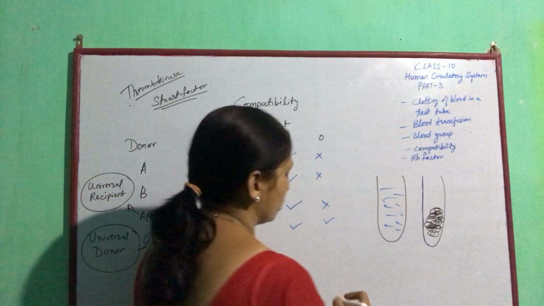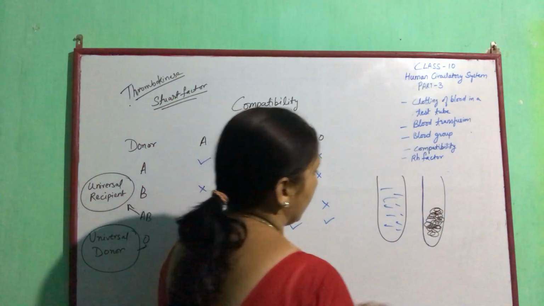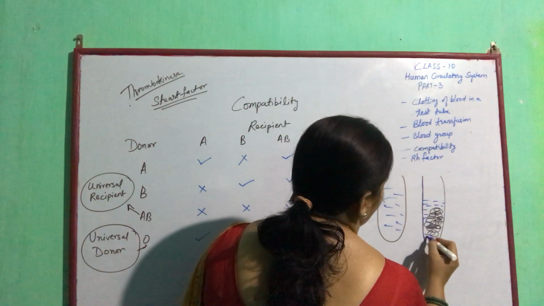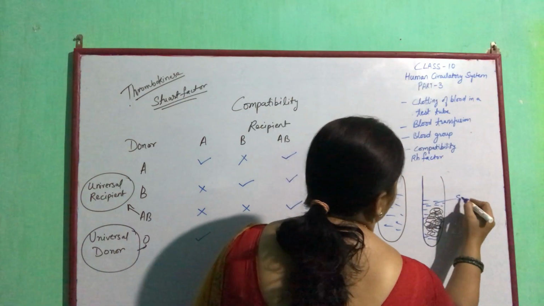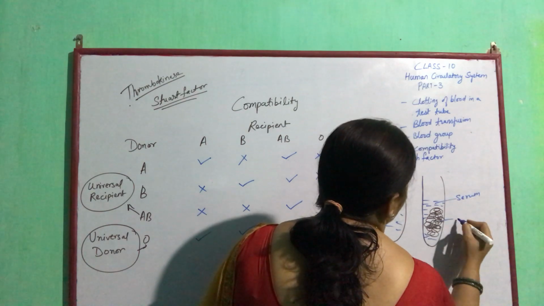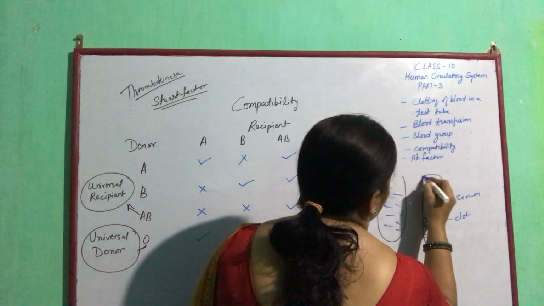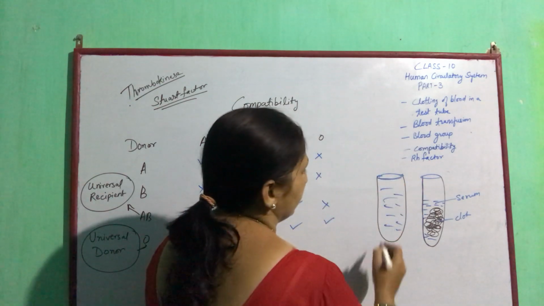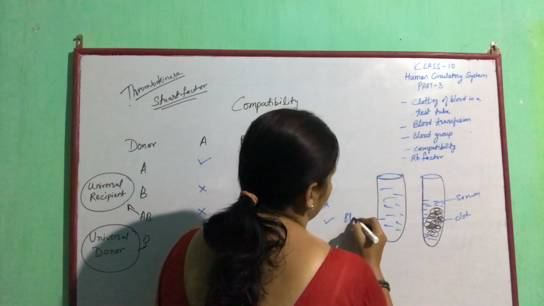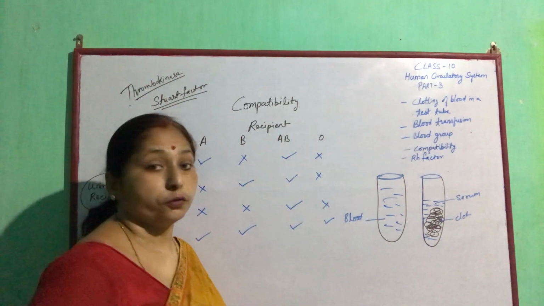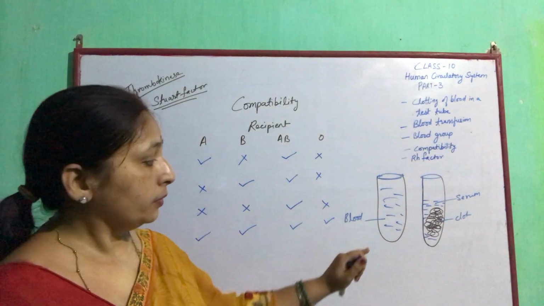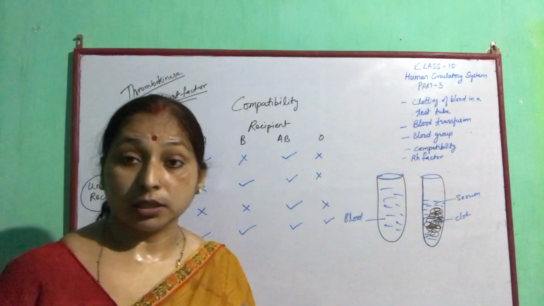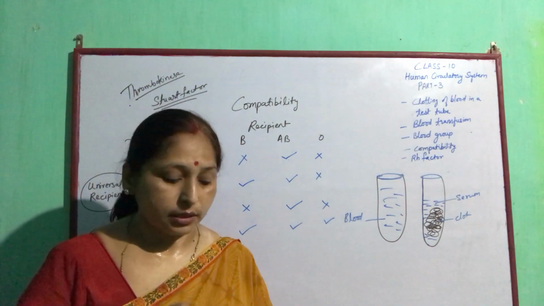The entangled mass of the corpuscles is formed, and the serum collects as a clear fluid above this clot. This is in case of test tube. If the blood is kept in a test tube for some time, after some time we will observe that a clot is formed, a red mass is formed, which is a clot, and the serum collects as a clear fluid.